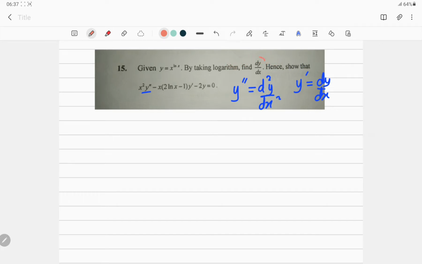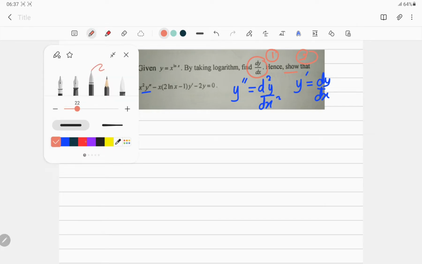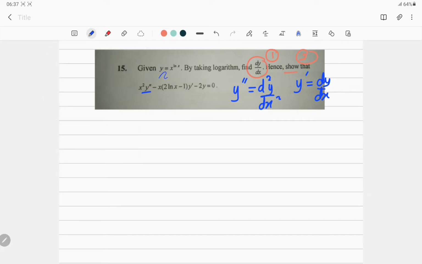First, find dy/dx, and then for the second one we have to show that. We have to solve them one by one. So y equal to x to the power of ln x.